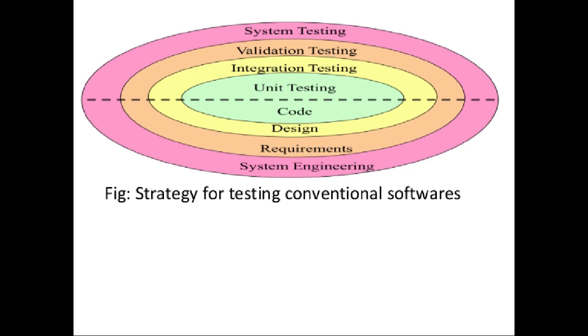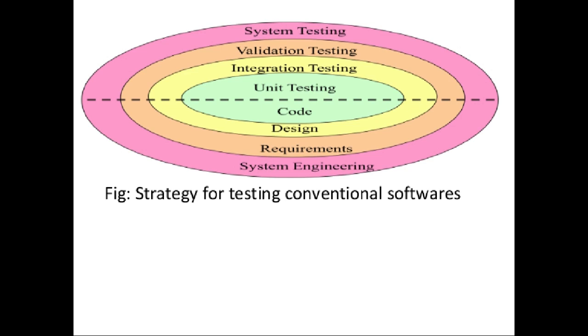Unit testing concentrates on each component or function of the software as implemented in the source code. Integration testing focuses on the design and construction of the software architecture.